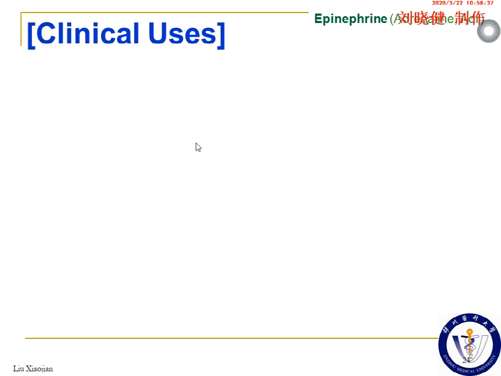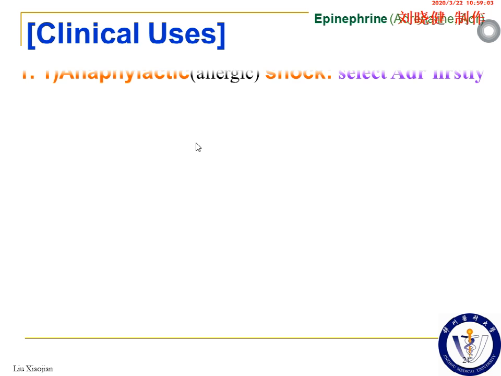And beta-1 receptor induces positive effects on the heart. And alpha-1 receptor vasoconstriction has the significance of decongestive action. Remember that? Okay, so based on these effects, epinephrine is really useful in clinical practice.